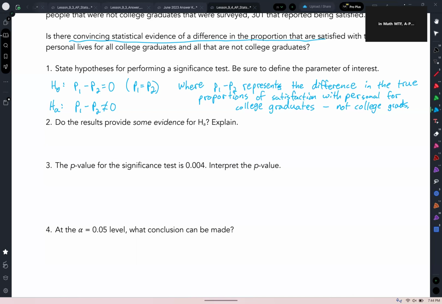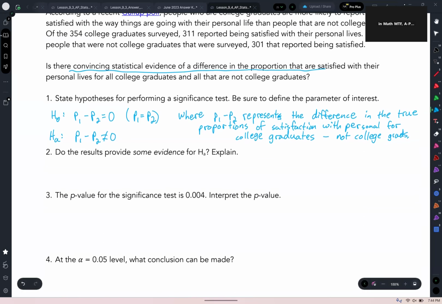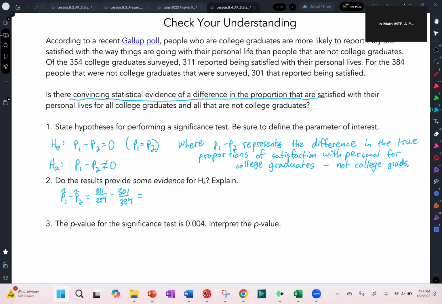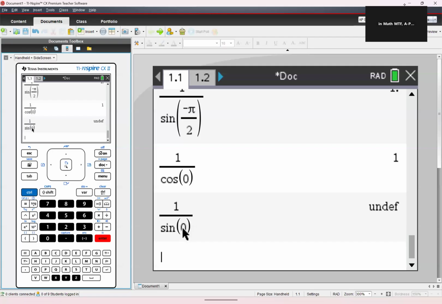All right, so do the results provide some evidence for the alternative hypothesis? Well, P1 hat, the happiness of college grads in the sample, minus the happiness of not college grads in the sample would be 311 out of 354 minus 301 out of 384. And jumping to a fun calculator.